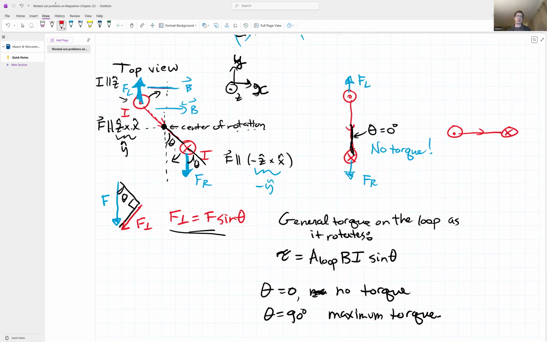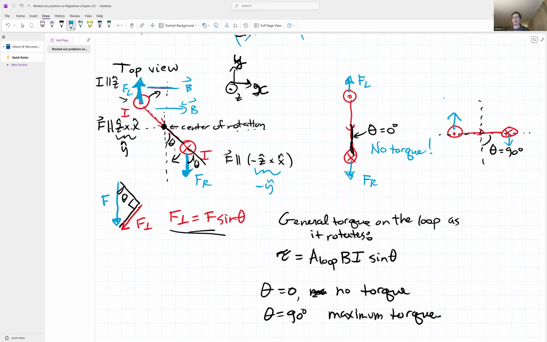This is also worked out in the book a little bit, but I wanted to go through it. So here, when it's like that, theta is 90 degrees because the forces are obviously perpendicular to the lever arm.